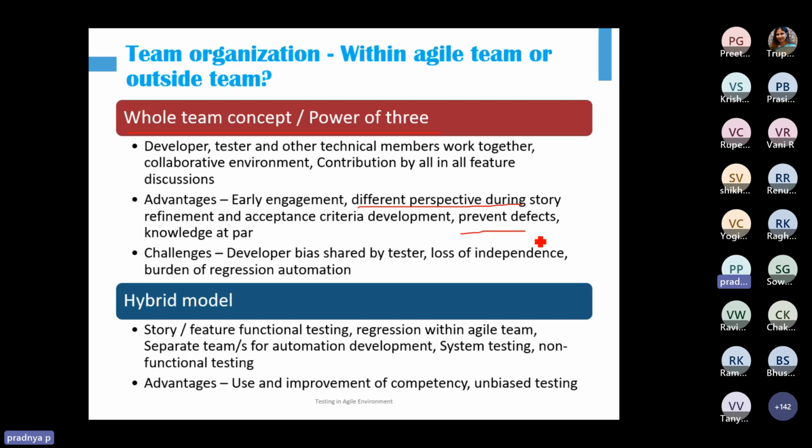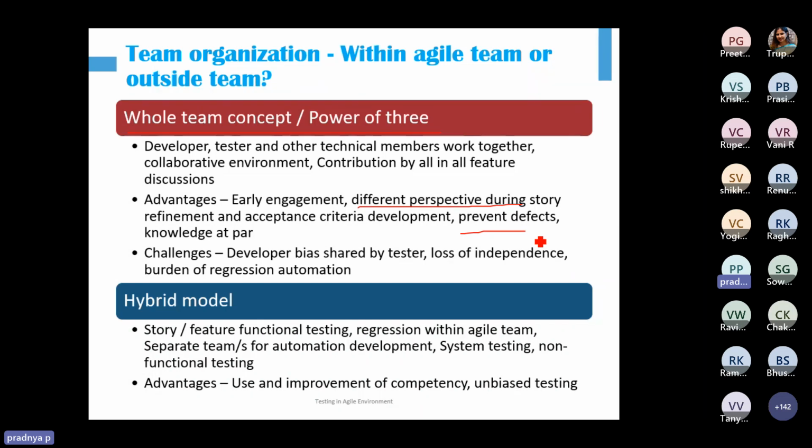We develop bias, same as the developers. Whatever developers think, we also start thinking like that. The developers get more preference in the overall schedule. It may happen sometimes that we will lose our independence.